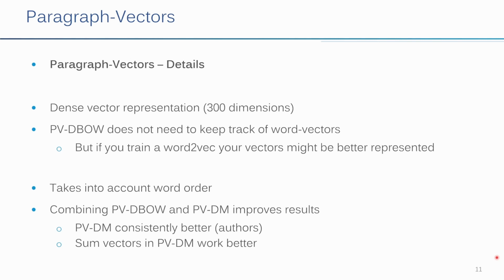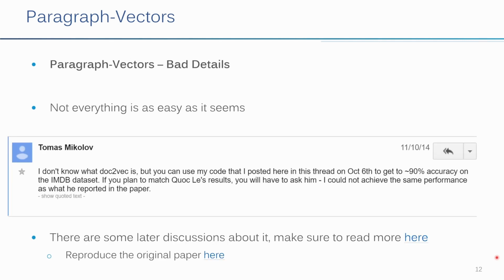Okay, and on the distributed memory, you also have the option to either sum the vectors or average them, but for their specific case, summing those vectors from the words and the paragraph vectors did work better, but that's actually not always the case. It's important to mention that different setups of experiments do require different parameter adjustments.